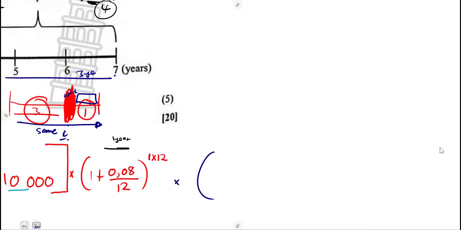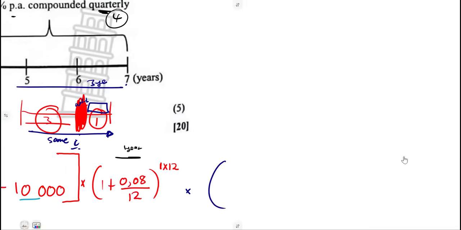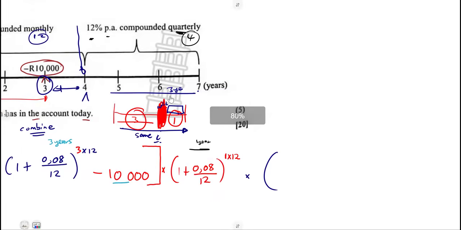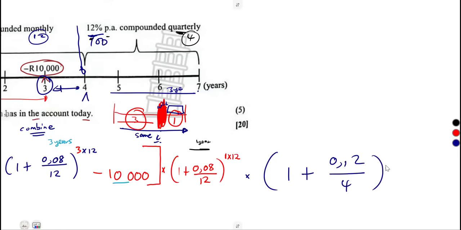It is now affected with another compounding for the rest of the years, which is the 3 years that are remaining. So we're going to have 1 plus, what is our interest rate? 12 over 100, 0.12, over what? Over 4, to the exponent of what? How many years are you remaining with? 3 years times 4.